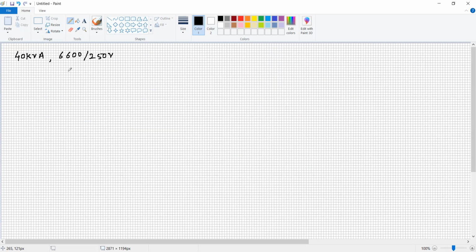So resistances are given. First we will draw the circuit diagram. R1 is equal to 10 ohm, definitely it is for the HV side, and R2 is equal to 0.02, definitely it is for the LV side.